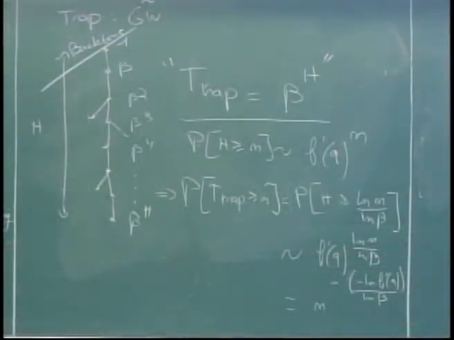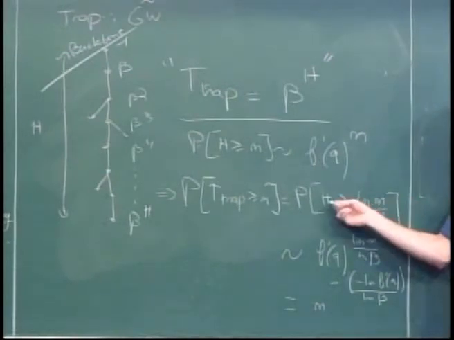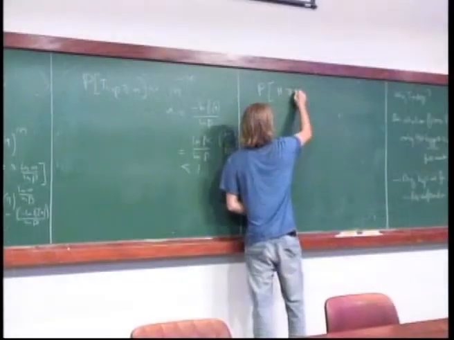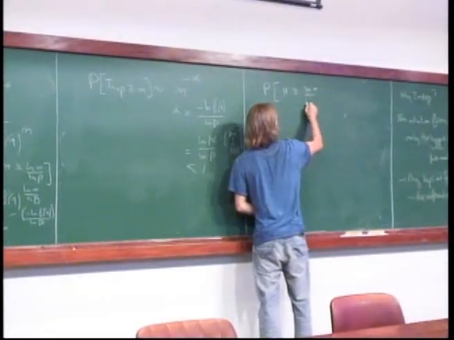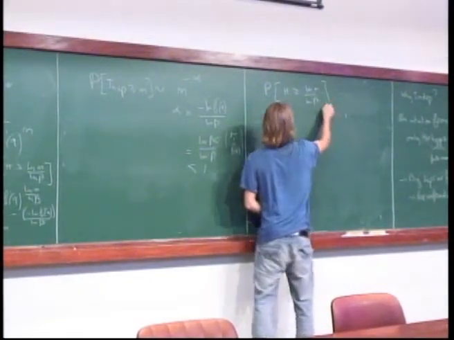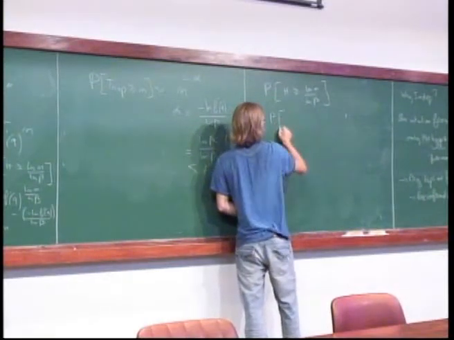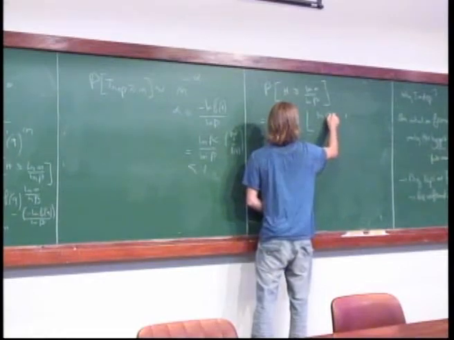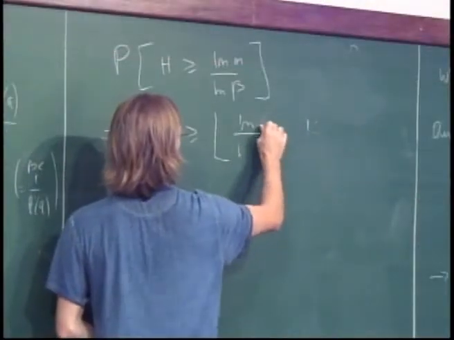So the problem here is that the height, or the depth of the trap, h, is an integer. So actually, the probability that h is bigger than log n divided by log beta is actually equal to this integer part. Sorry.